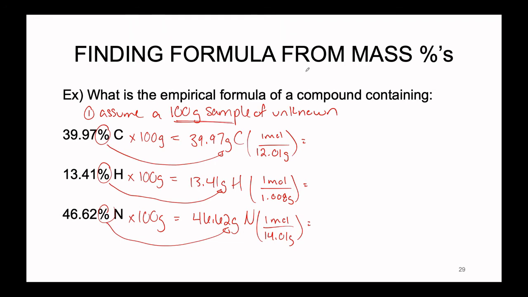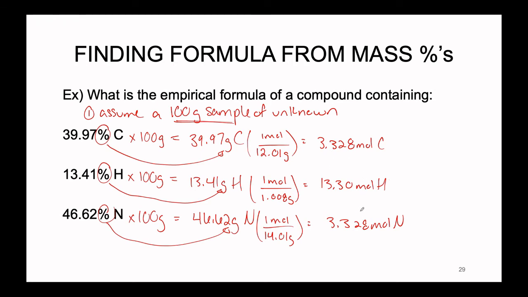In crunching these numbers, what we find is that we are working with 3.328 moles of carbon, 13.30 moles of hydrogen, and 3.328 moles of nitrogen. So now we are working with counting units.